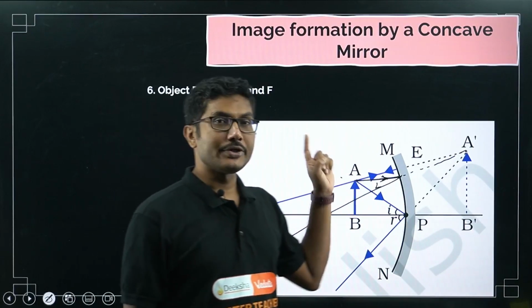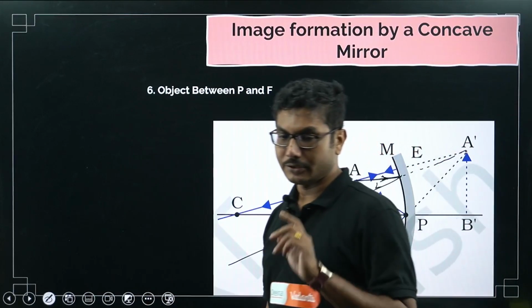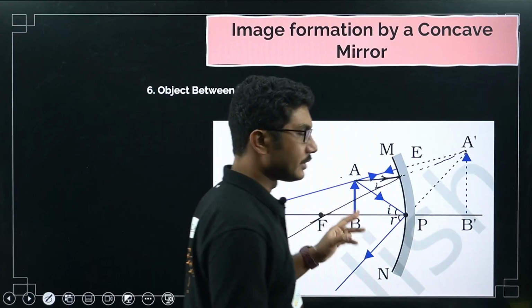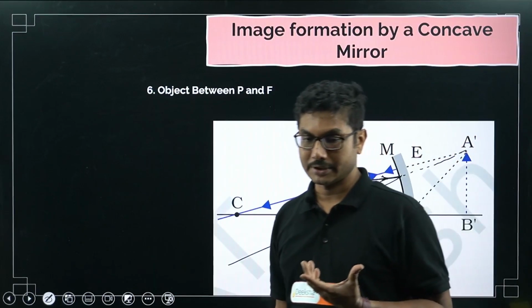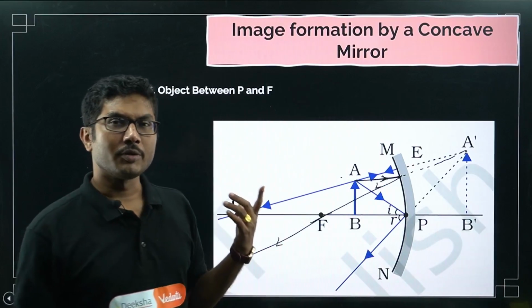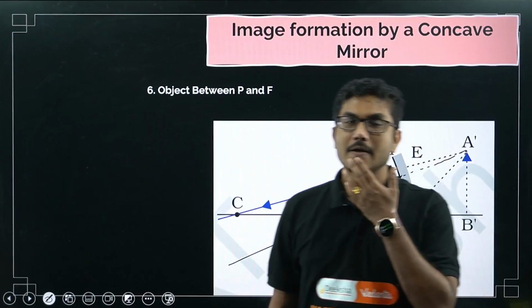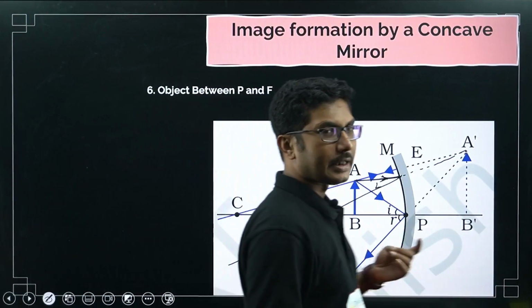So a mirror which can produce real and virtual image is a concave mirror. So there is chance that there might be some objective question based on this. Which of the following mirror produces only virtual images? Which of the following mirror can produce real as well as virtual image? Okay, so this is very common because plane mirror can also produce only virtual images, it cannot produce real images.